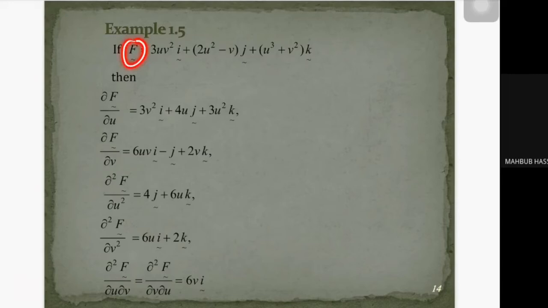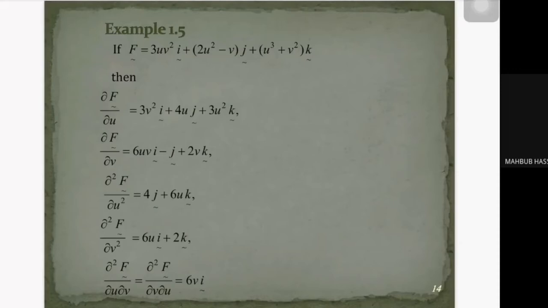If vector f is equal to 3uv squared i plus (u squared minus v) j plus (u to the power of 3 plus v squared) k, then find del f over del u. Del f over del u means you have to differentiate f with respect to parameter u. So just look at all the u and assume v as a constant.